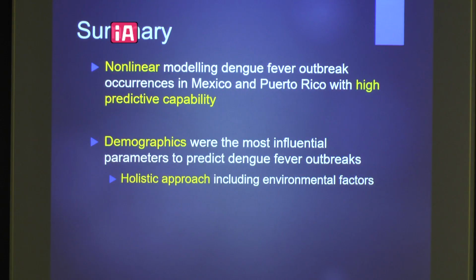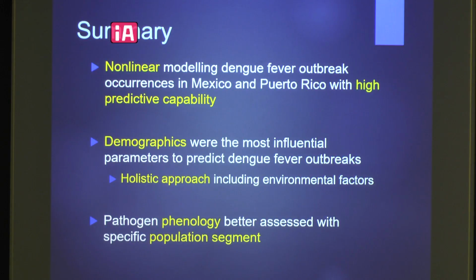We also show that the demographics are really important to take into account when you're doing this type of prediction, and that the model was able to take this holistic approach to identify what combination of environmental variables with demographic variables would be the best ones, or had the highest influence, to predict an outbreak of dengue fever for these two locations.